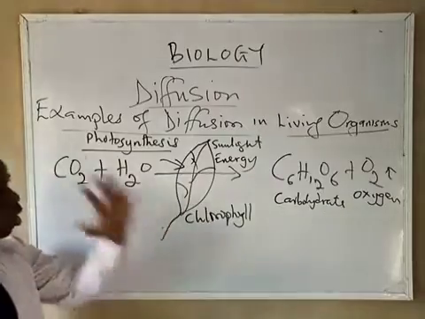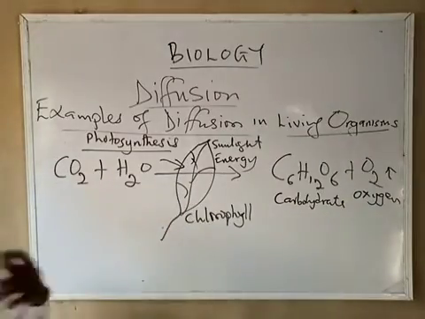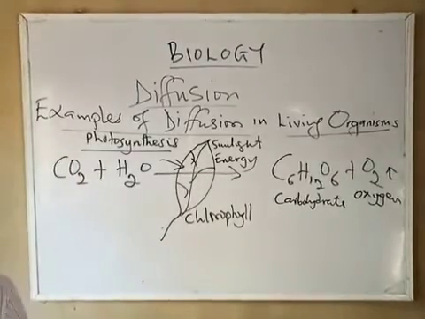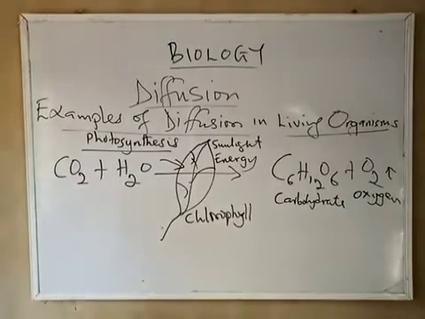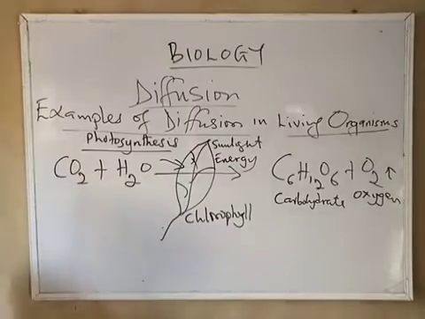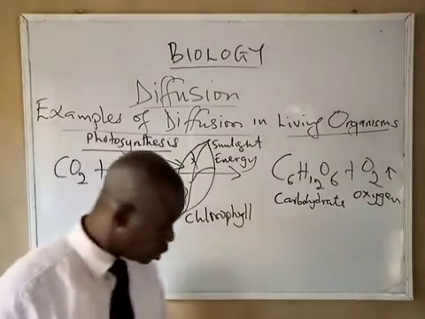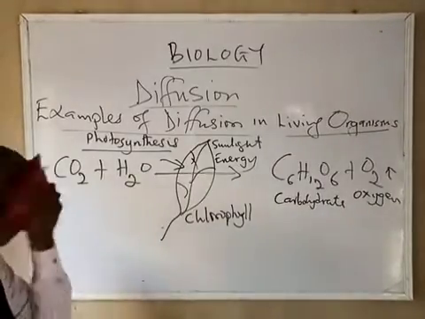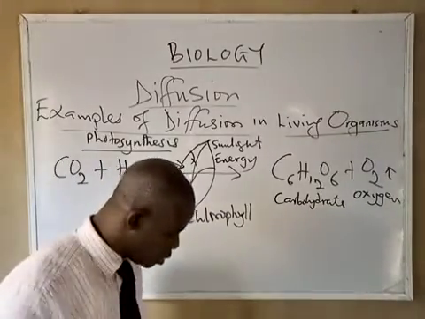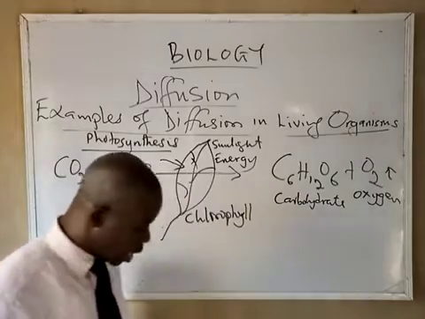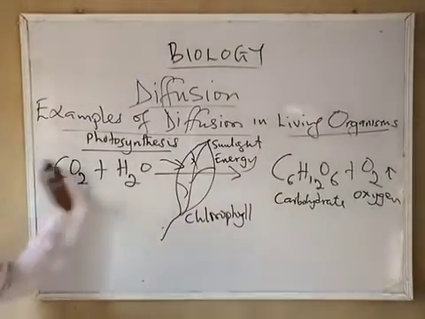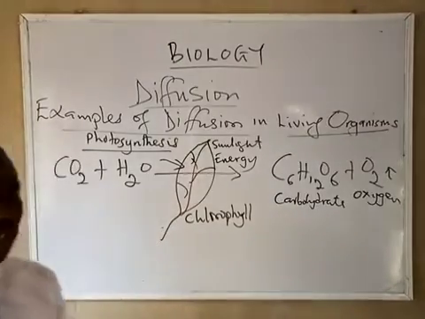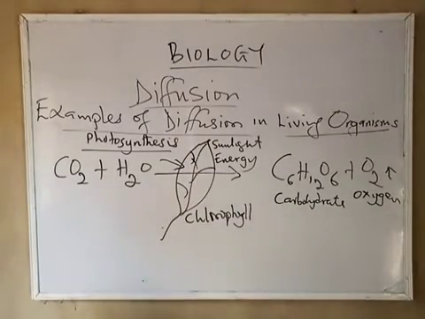So we have a lot of processes, including excretion, digestion, and food formation in plants. Those are processes that have to do with diffusion in organisms, and actually diffusion is necessary for maintenance of the cells of living organisms.